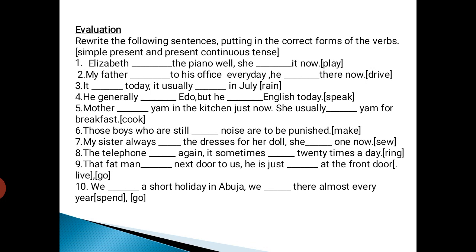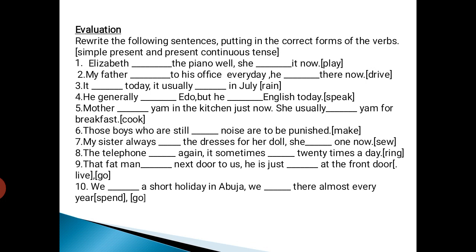My father dash to his office every day. He dash there now. Drive. It dash today. It usually dash in July. Rain. He generally dash Edo, but he dash English today. Speak. Mother dash yam in the kitchen just now.